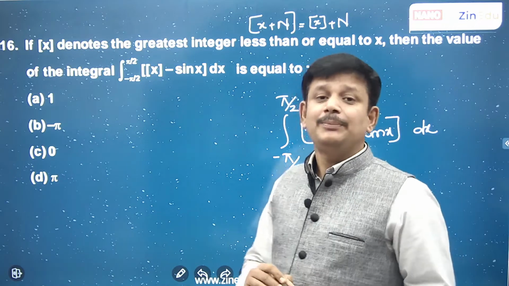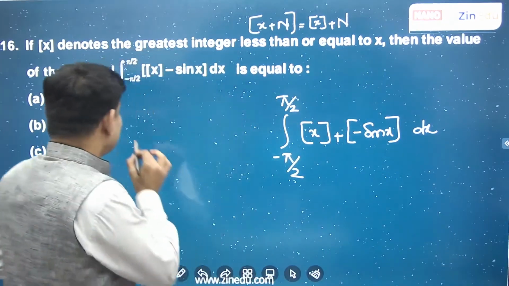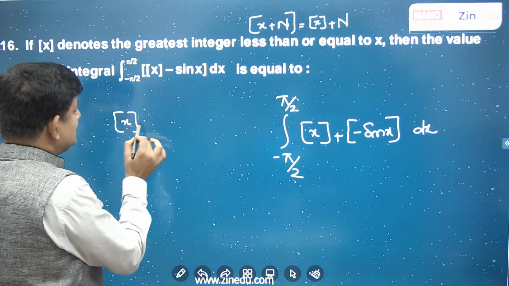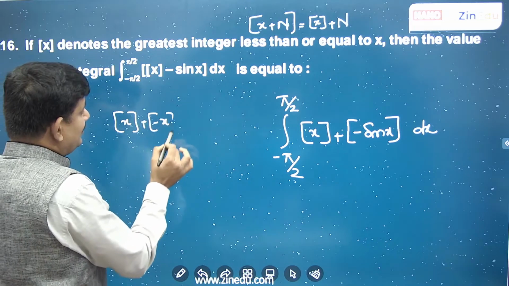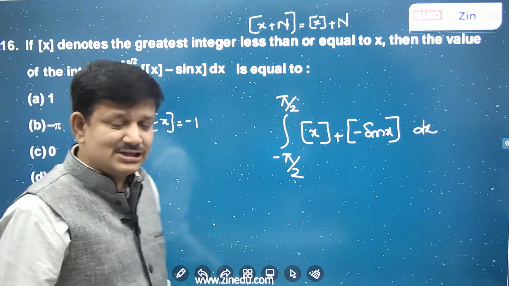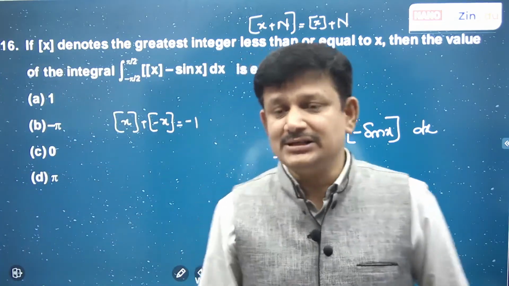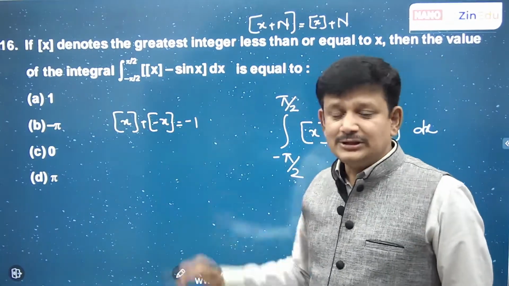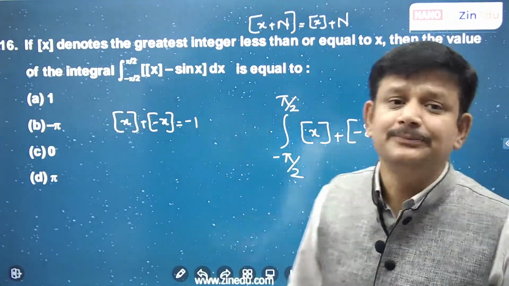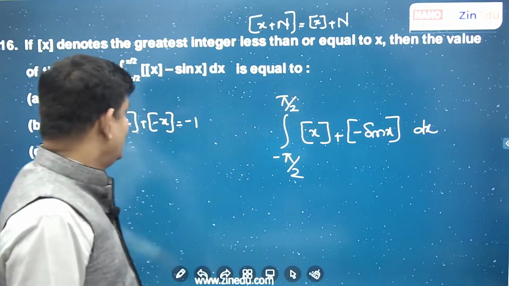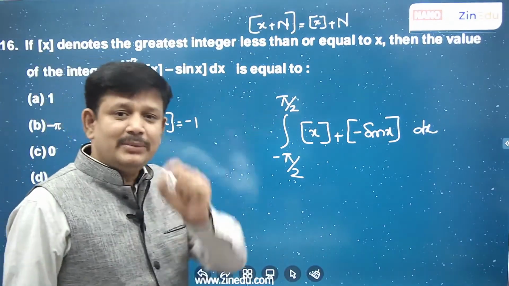Instead, recall a property of the integral part of x. Integral part of x plus integral part of minus x will be minus 1 whenever x is not an integer. Here, there are integers in between, but they are only points.